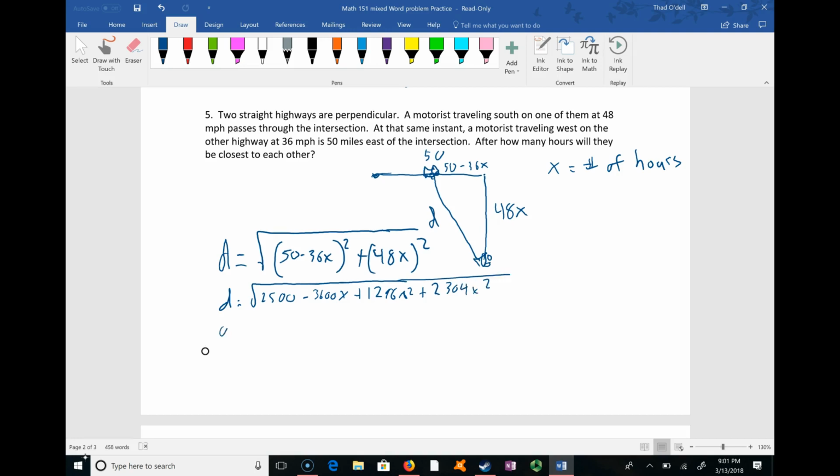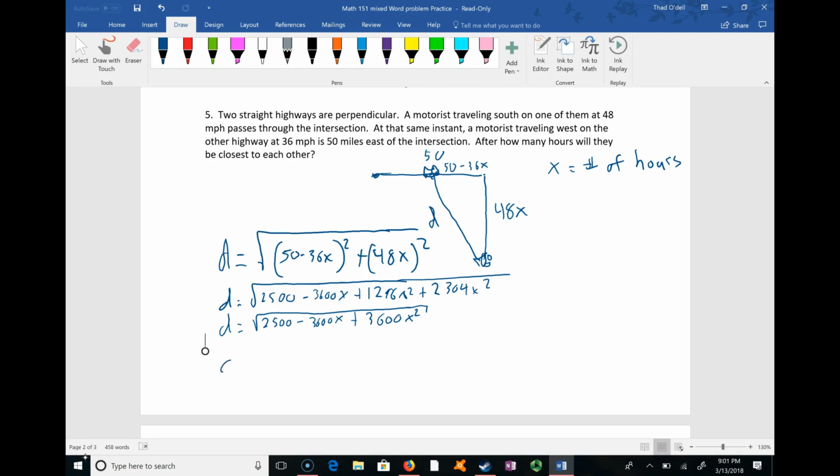So we could simplify that a little bit. So that'd be the square root of 2500 minus 3600x plus, so if we add those two together, 1296 and 2304, we get, oh, interesting, 3600x squared.